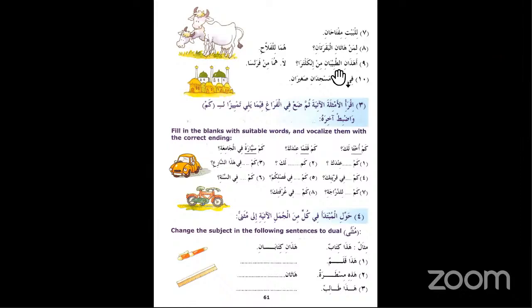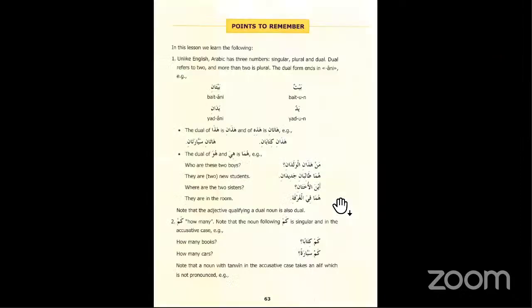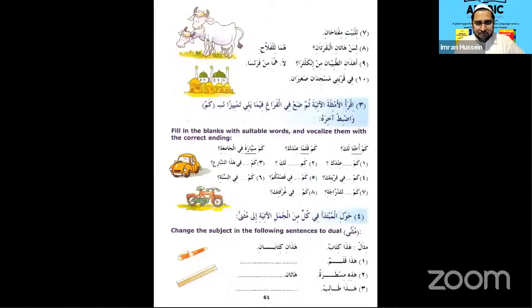Okay, jazakallah. Can I ask something? The same number 7, can you say there are two keys for the house? Yeah, either way, as long as it translates the meaning, it's fine. For the house are two keys. That's fine, because the lam here is indicating possession: for the house belong two keys.